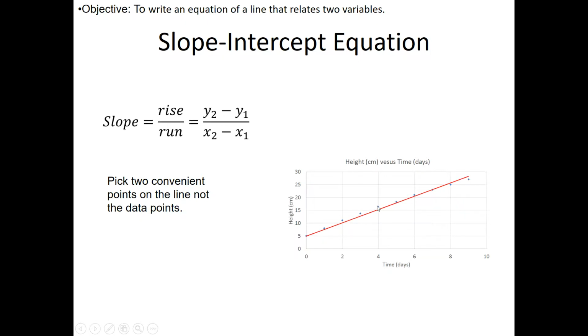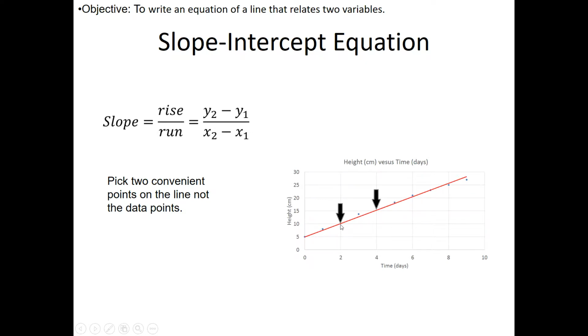So there's a data point there, there's a data point there. Don't care about them anymore because all we really want to know is what's the best fit line for this data. So let's pick 2 points on the line, not the data points. It's convenient to pick any point that's crossing the gray crosshairs here, the vertical and horizontal gray lines.